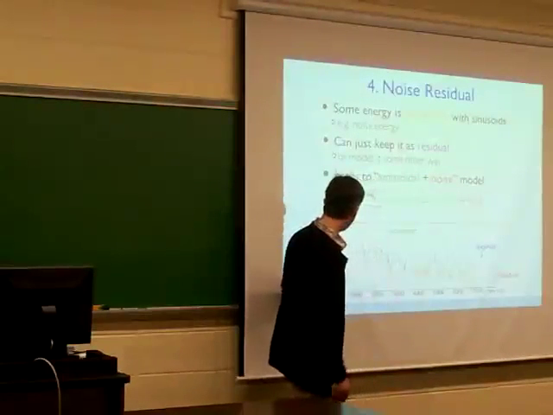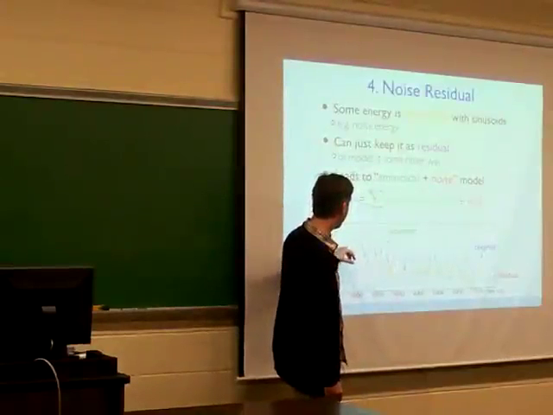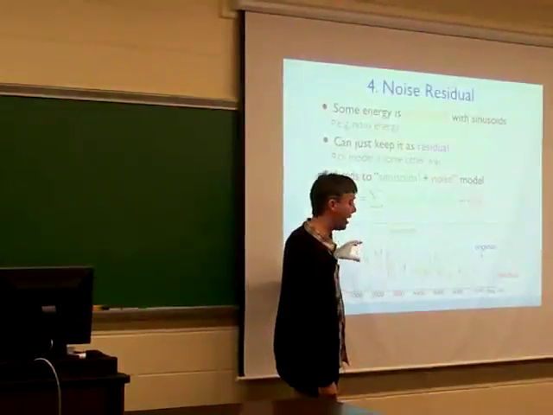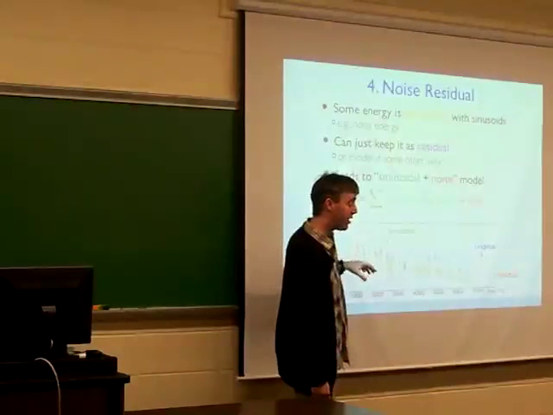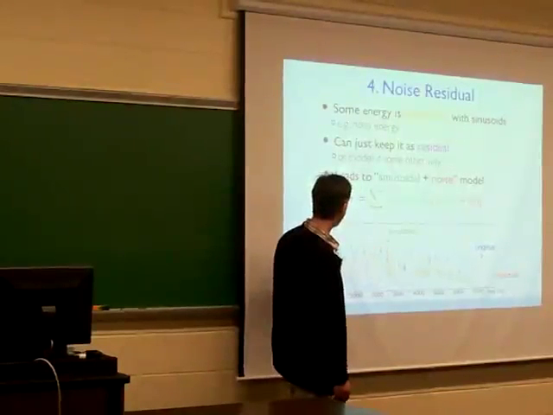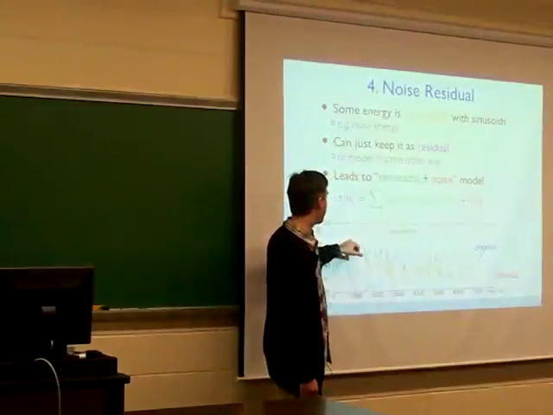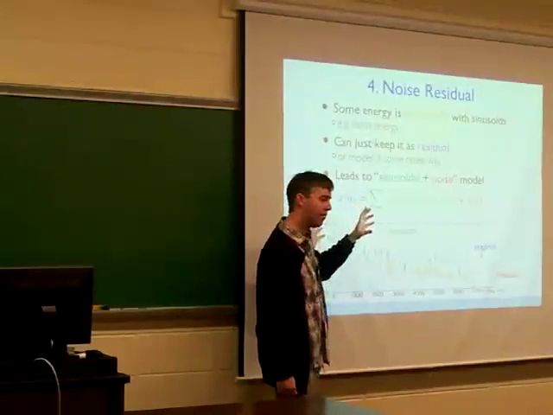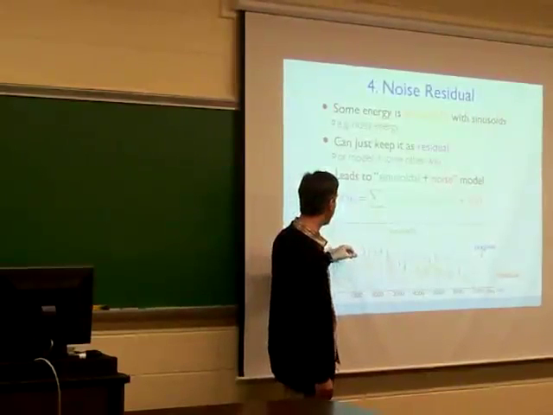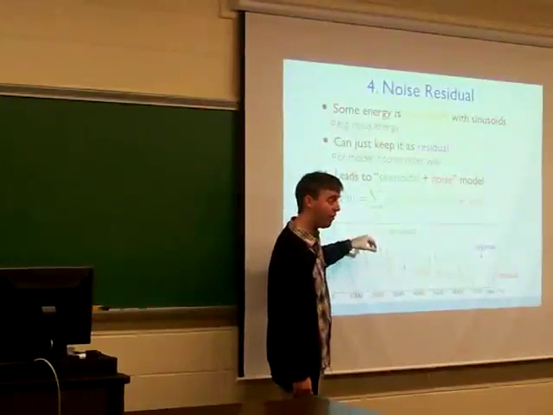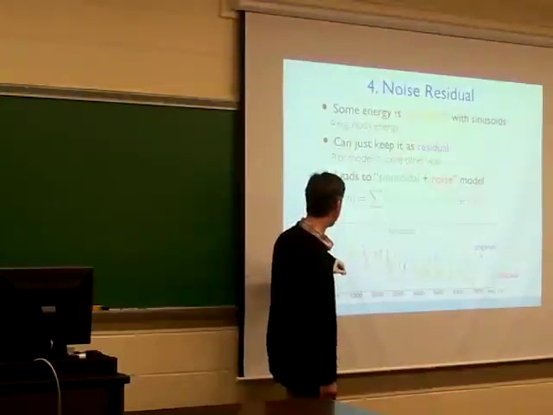So I can form this red line, which is the difference between the green line and the blue line. It's the residual when I take the original, do the sinusoidal resynthesis, and subtract it. You have to be very careful to make the resynthesis line up really well with the sinusoidal components in the original. For these, I had to measure the amplitude, the frequency, and the phase, and resynthesize respecting the phase.